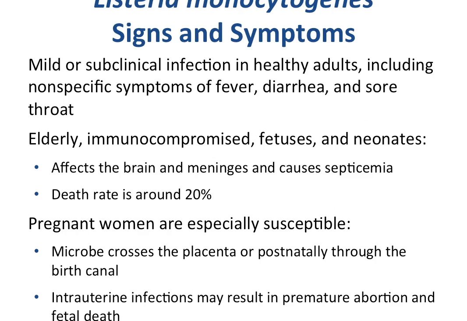So the symptoms would be fever, diarrhea, sore throat. Especially for old people, fetuses, very young people, and people in an immunocompromised state such as diabetes, HIV, and patients using steroids, so they can get this kind of infection.